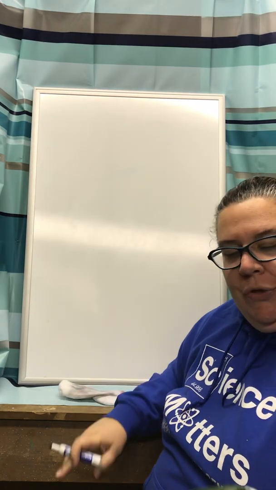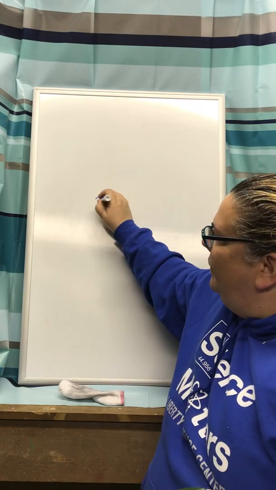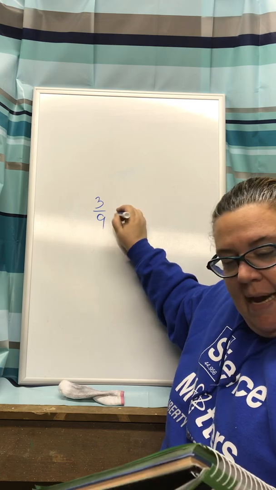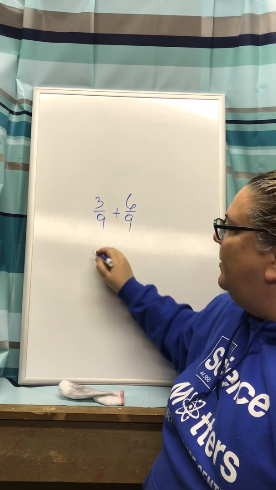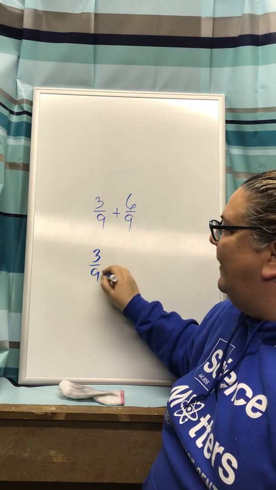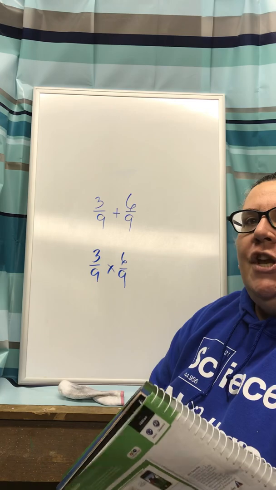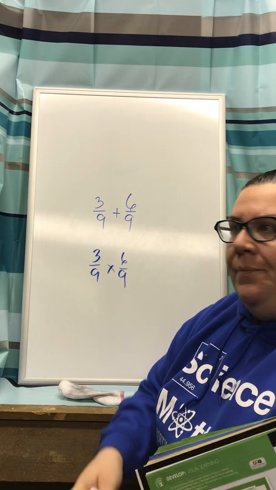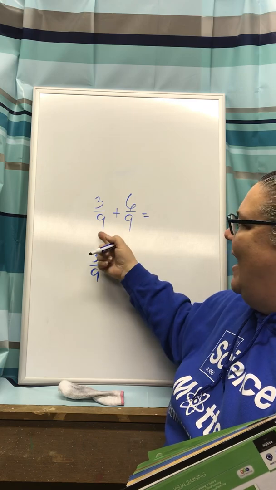Okay, and number 2, why is adding 3/9 and 6/9 different from multiplying the two fractions? So 3/9 times 6/9. So I know that when I am doing addition, I need to have common denominators. So I have a 9 and a 9.